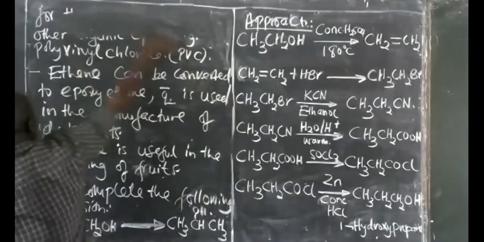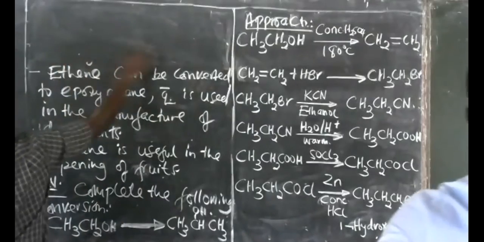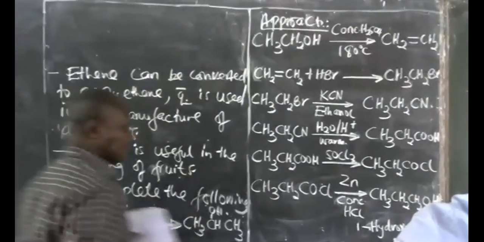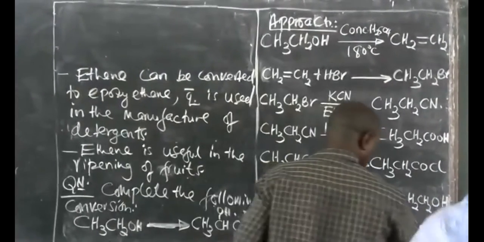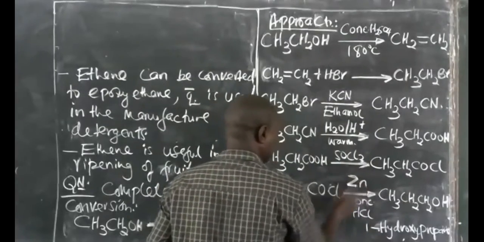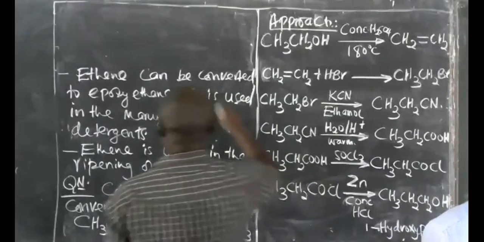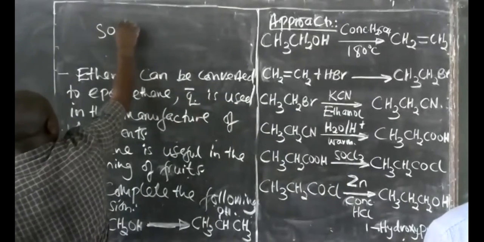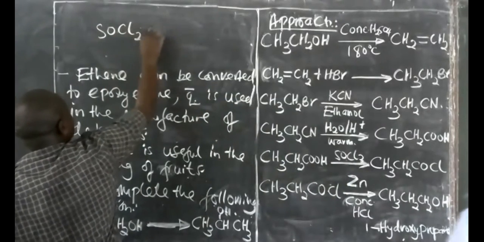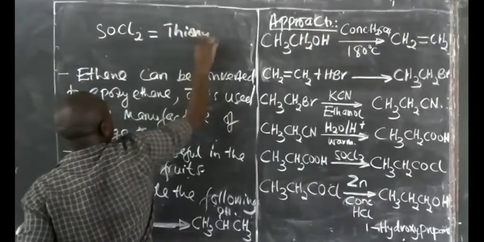Then, teacher, what is that on the second last equation? That catalyst there, what's its name? Zinc. No, the upper one. Thionyl chloride.